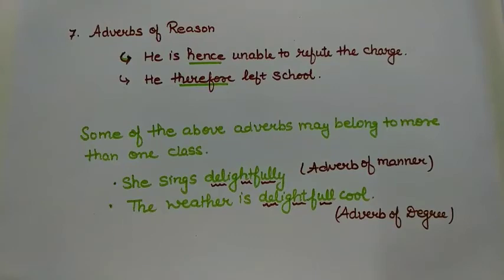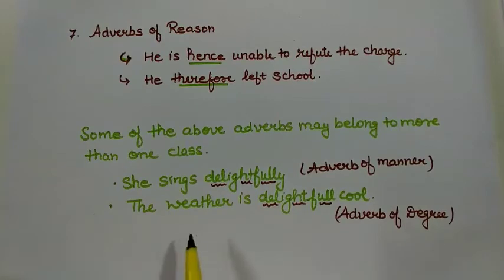Some of the above adverbs which we have recently used may belong to more than one class. Like, she sings delightfully is showing adverb of manner here. Means she sings how? Delightfully. So this is adverb of manner. In the next sentence, the same word is playing the role of adverb of degree.